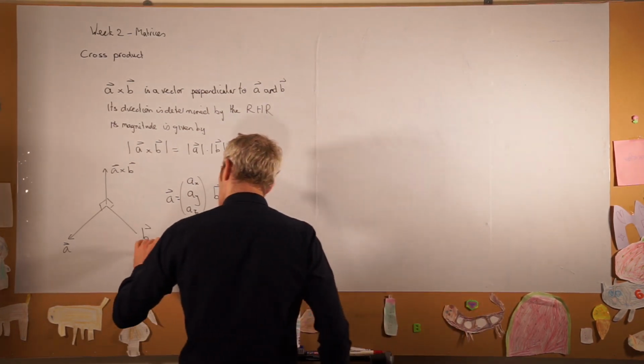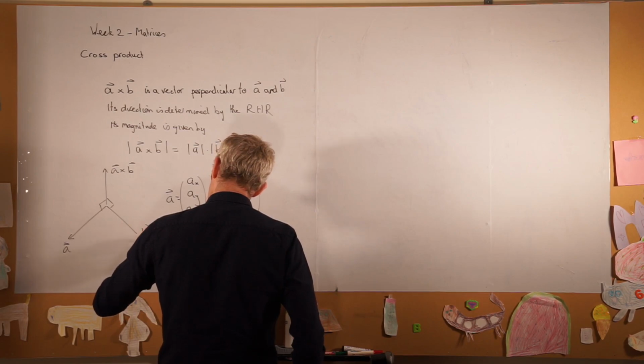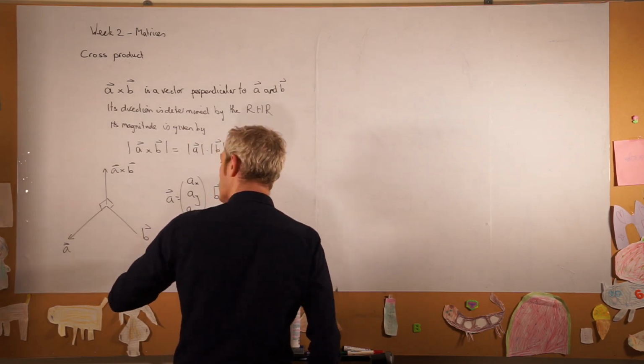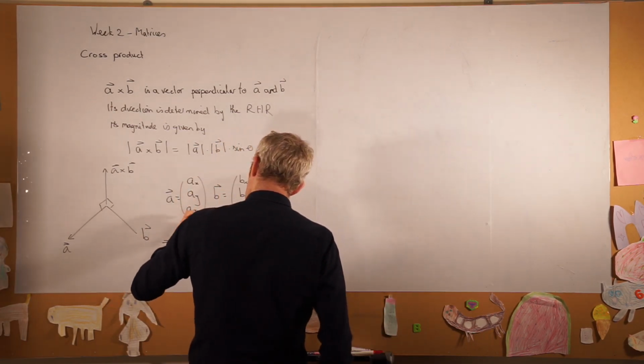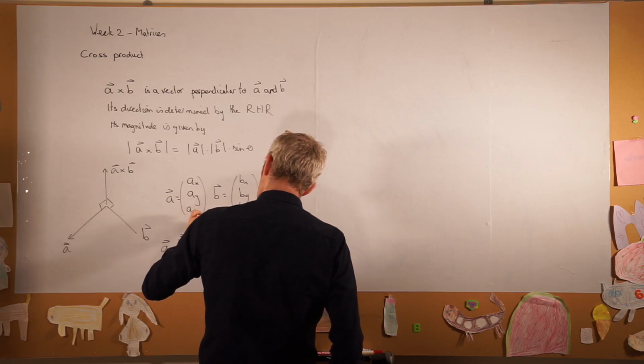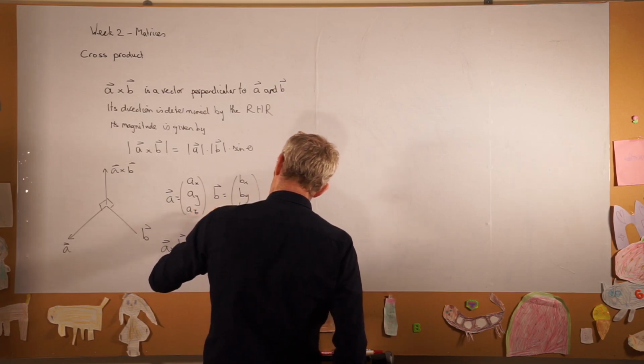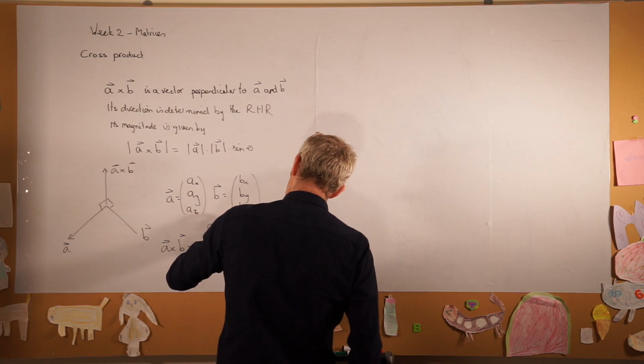The cross product A times B is equal to ay bz minus az by.